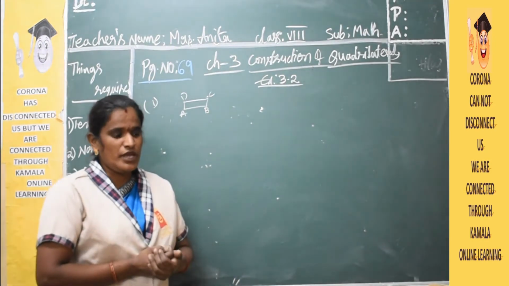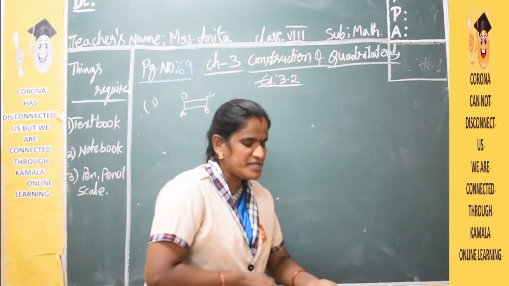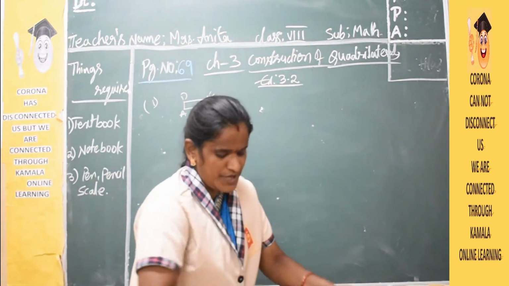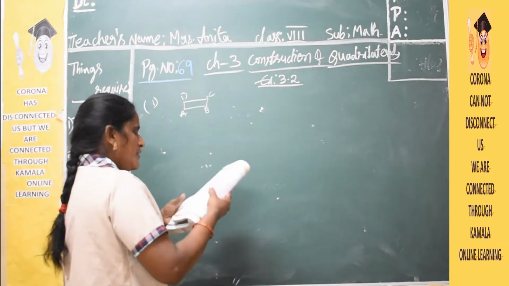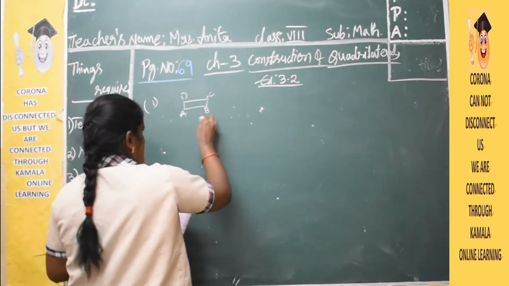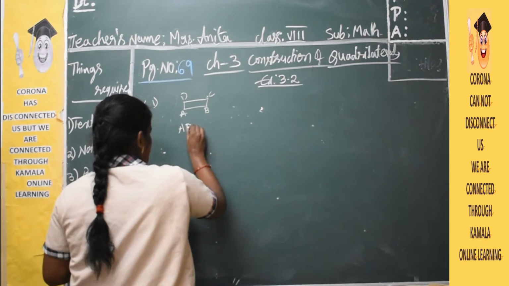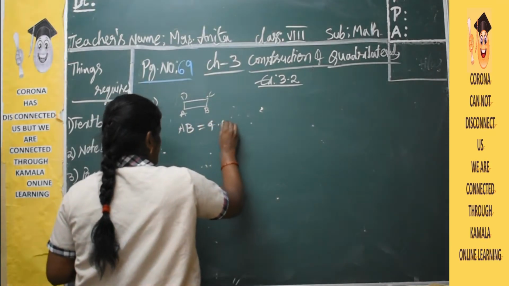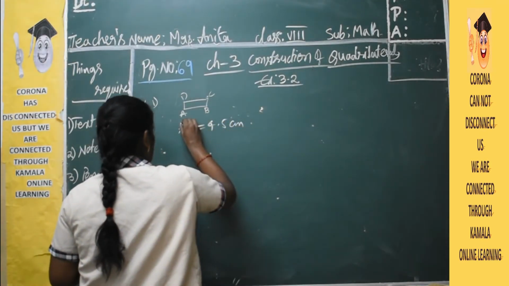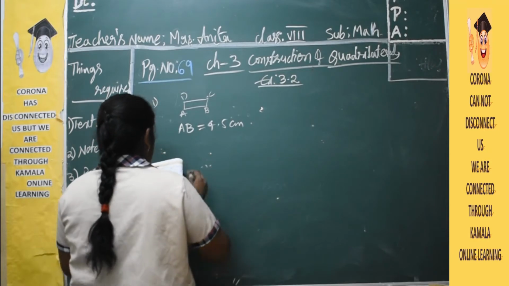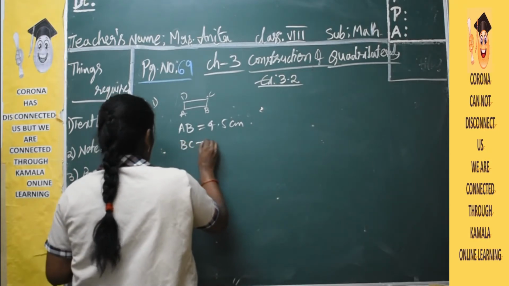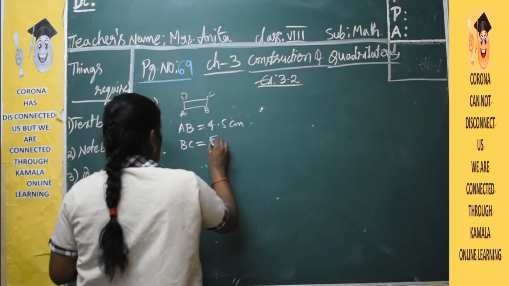Now, quadrilateral ABCD, AB is equal to 4.5 centimeters. Next, BC is 5.5 centimeters.